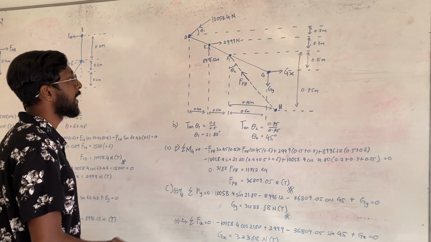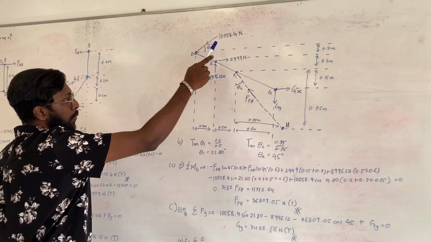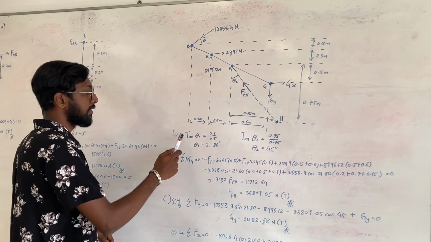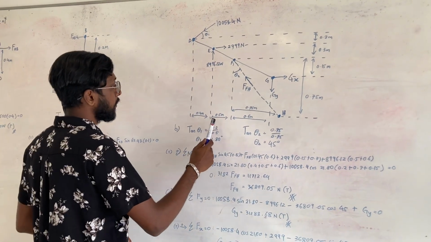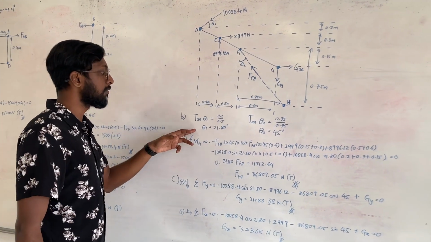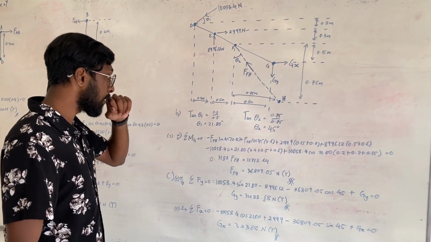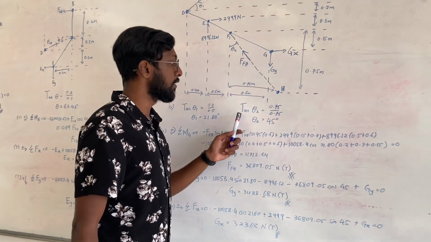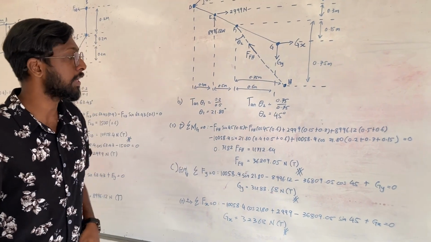So first off, we are going to find the angle theta 1 and theta 2. We are going to use tangent theta as always, and calculate the perpendicular distances. Solving that, theta 1 will be 21.80 degrees, and theta 2, inverse tangent, you will get 45 degrees.